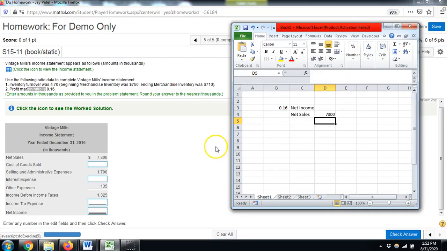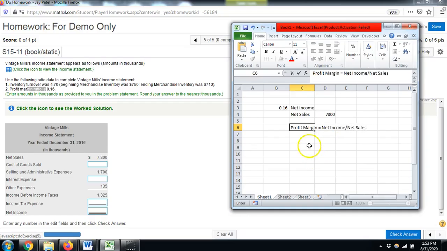So maybe let's do it like this. Profit margin equals net income divided by net sales.